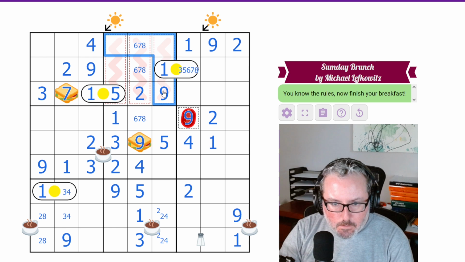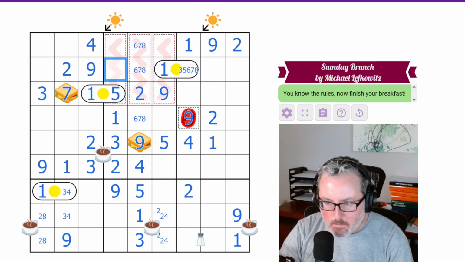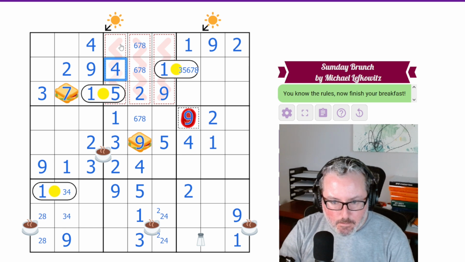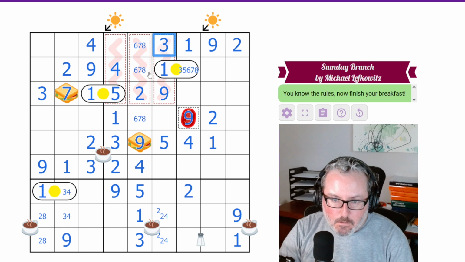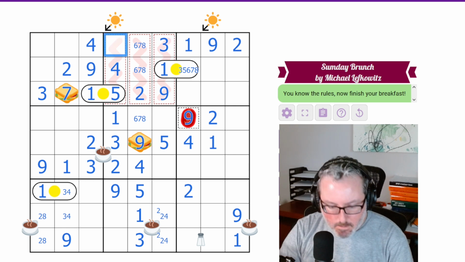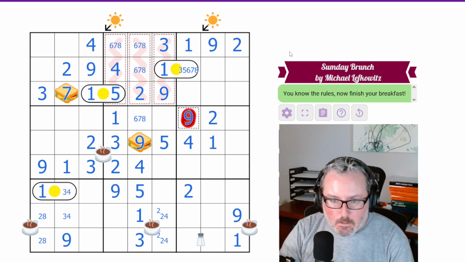Let's look closer. Where does a 4 go in this box? What goes there? What's left over? We need a 3 somewhere, so it's got to go here. So that's, yeah, these are 6, 7, and 8 still. So this is already 9. It could be the 6 to get us to 15.